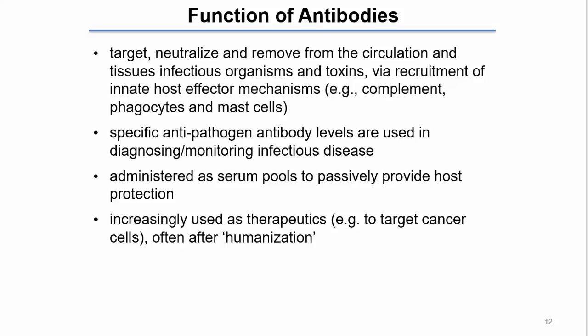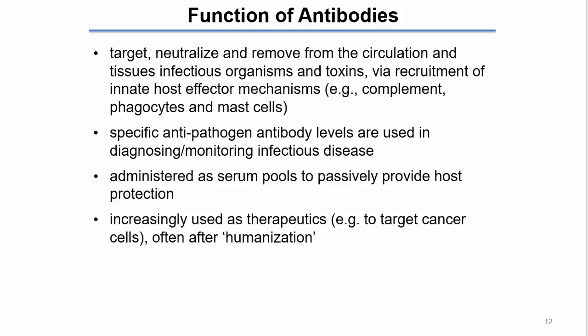They enhance phagocytosis. They enhance inflammation. So they make it all happen more efficiently. So that's what they're for. And so in that way, they are key to protecting us.